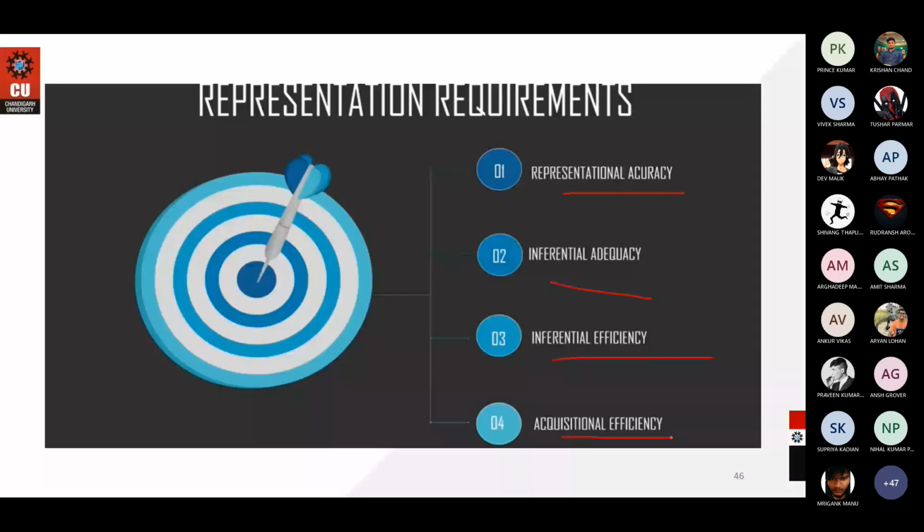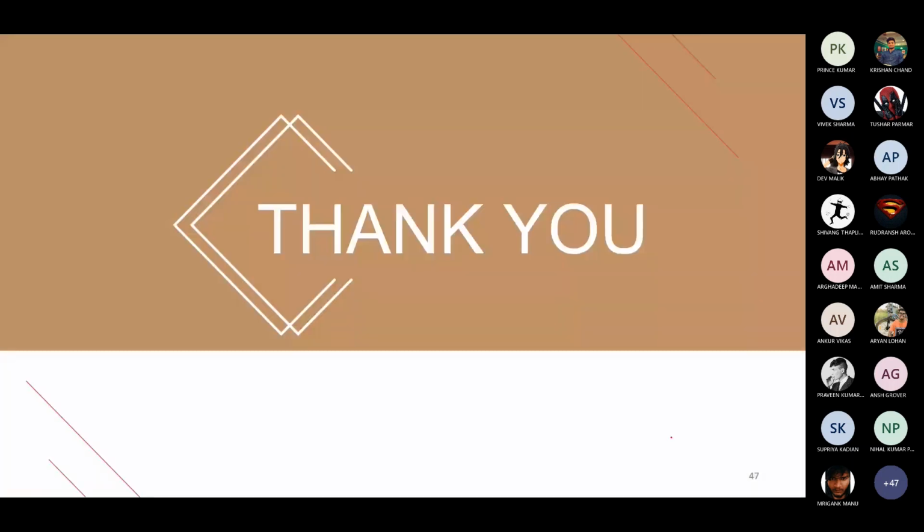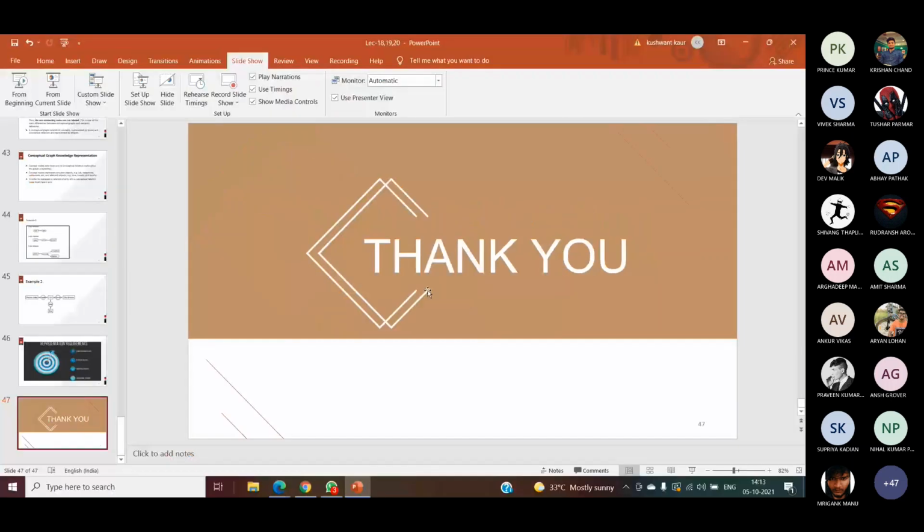These are the four basic things that we discussed before beginning knowledge representation, KRR, knowledge representation and reasoning. And we have covered all the techniques, or you can say types, of knowledge representation.